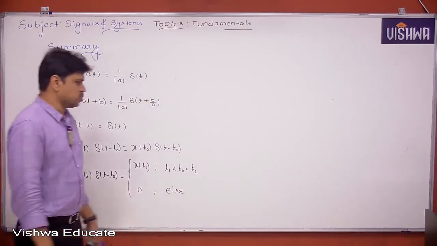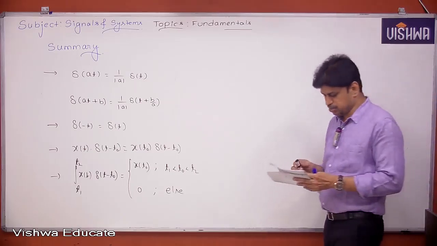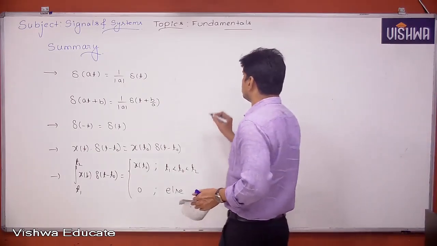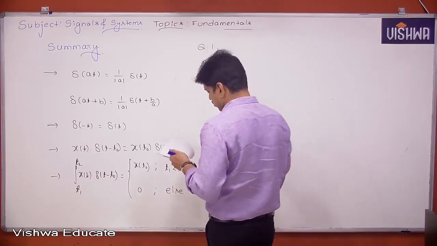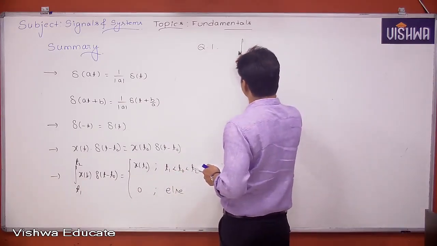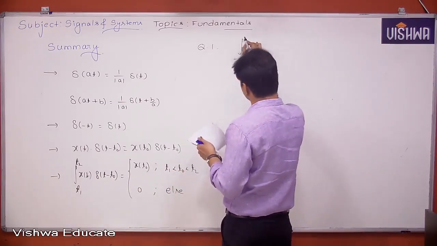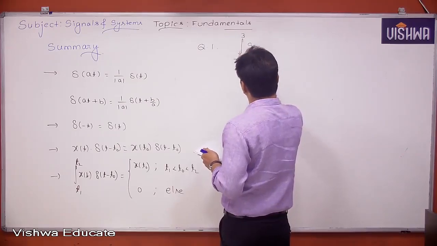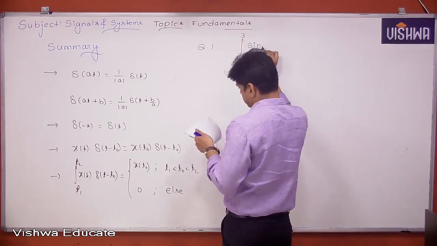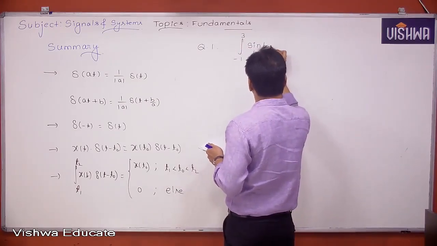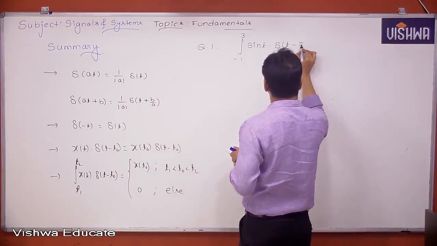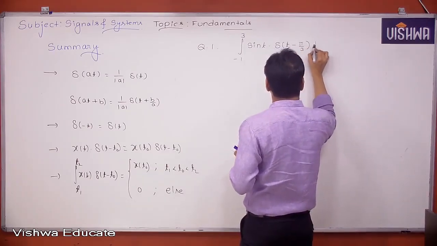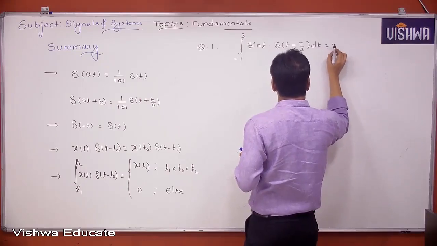Just make a note of the questions from the workbook. Question number 1. If I ask the integral from minus 1 to 3 of sin t into delta t minus pi by 3 dt, is equal to how much?